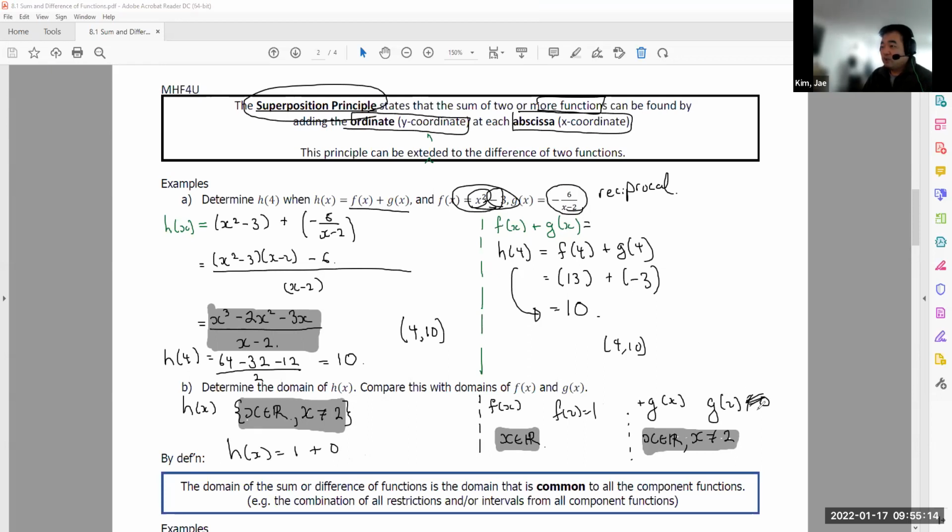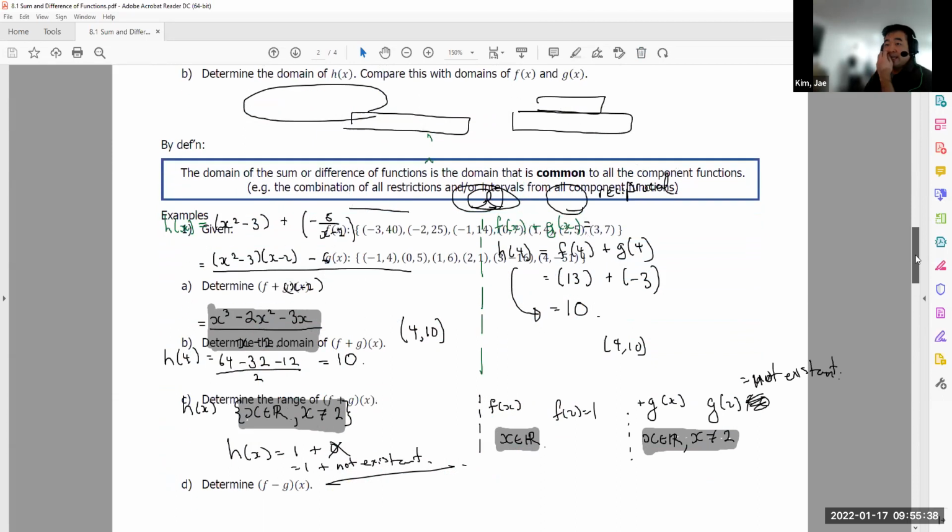G of 2 is not existent. It's undefined. It's actually 1 plus not existent, which is not a mathematical statement. You can't add that correctly. This is why when you compare domains, we go to our next section.